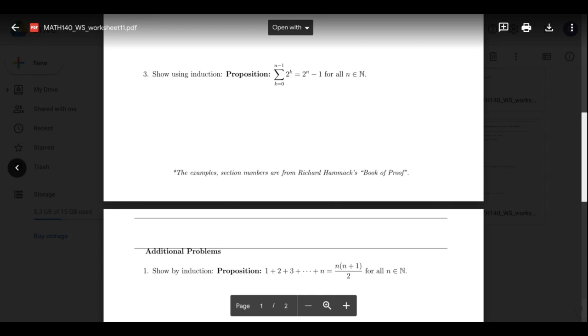Because it's in the form of 2 raised to n minus 1, right? So you need to write it down in the form 2 raised to n plus 1 minus 1. Xiaoming, you're not using P of n plus 1 to prove. You use P of n to prove P of n plus 1.